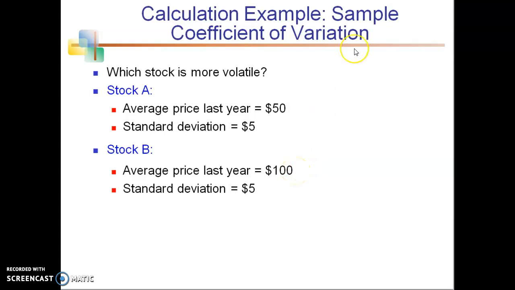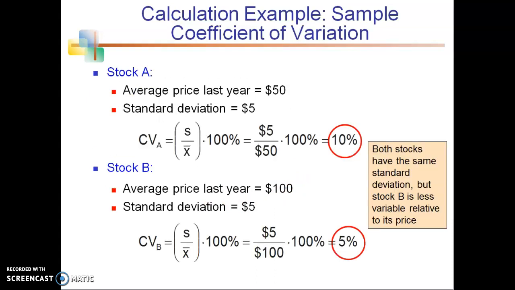This is where the coefficient of variation is going to help us, because what looks like equally risky stocks in terms of $5 standard deviations are not equally risky when you do the coefficient of variation. So let's do that. For stock A, we calculate the coefficient of variation by taking the standard deviation, $5, divided by the mean, $50, mean price. And we get 10% as our coefficient of variation.